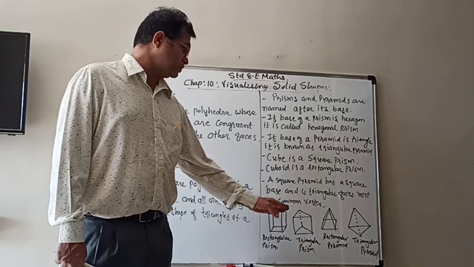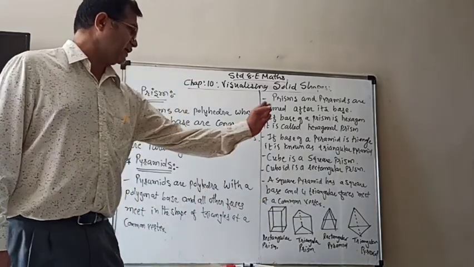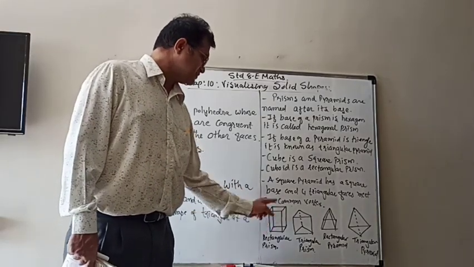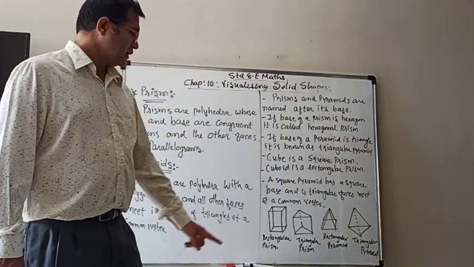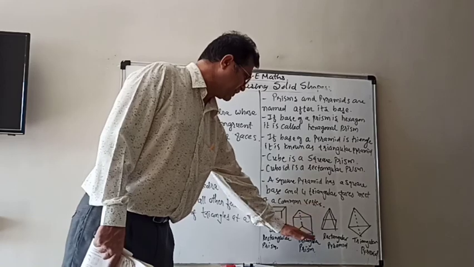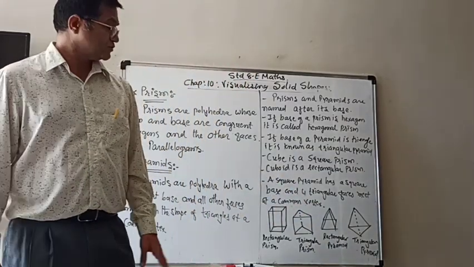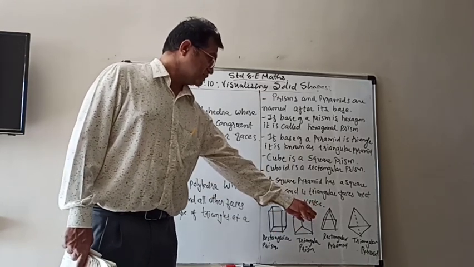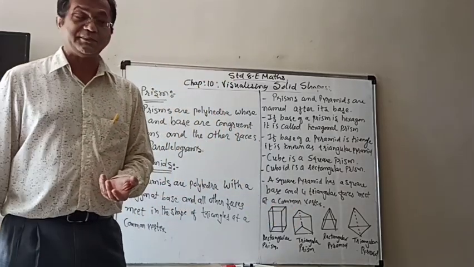Here I have tried to draw some prisms and pyramids. Here they have rectangular bases and tops, so it is known as a rectangular prism. And here it is a triangular prism because the top and base are triangles and the other three surfaces are parallelograms. In this pyramid the base is a rectangle, so it is a rectangular pyramid.